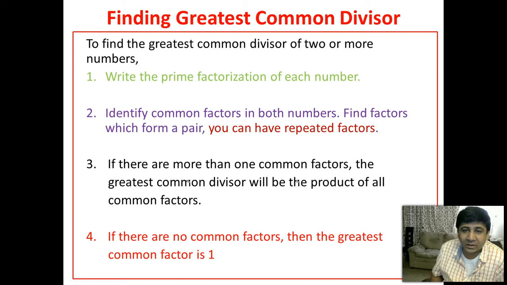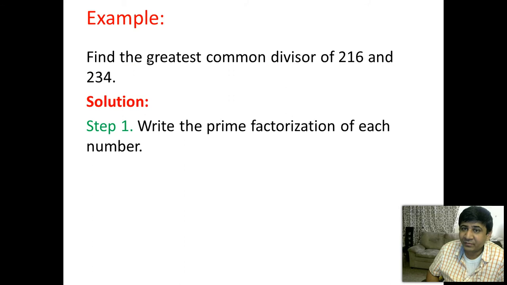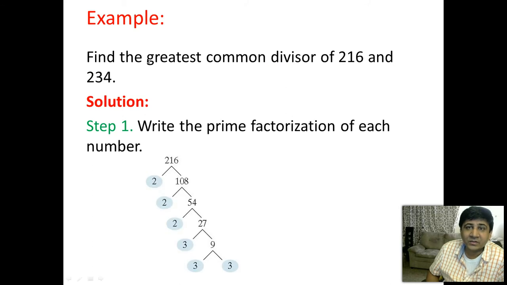Look at an example here. Suppose we want to find the greatest common divisor of 216 and 234. Let's find the prime factorization first. 216 is 2 times 108, 108 is 2 times 54, 54 is 2 times 27, 27 is 3 times 9, and 9 is 3 times 3.